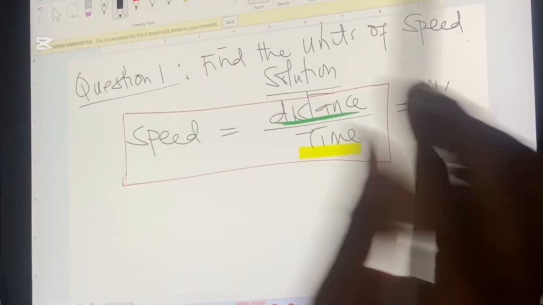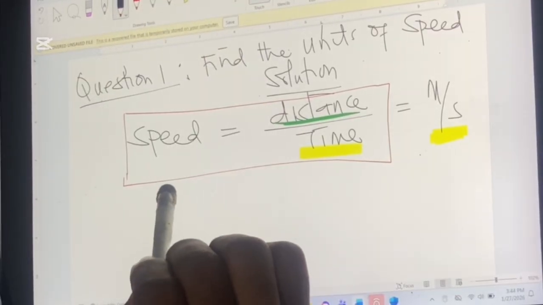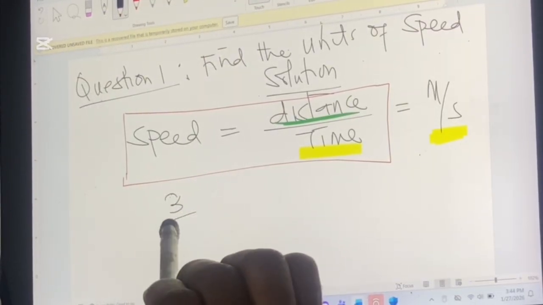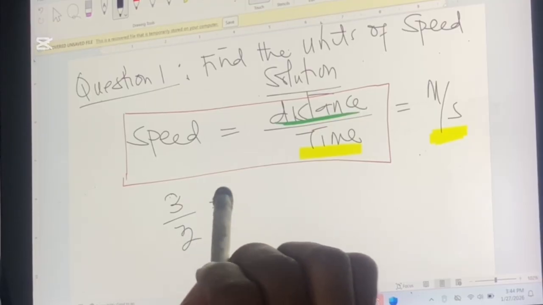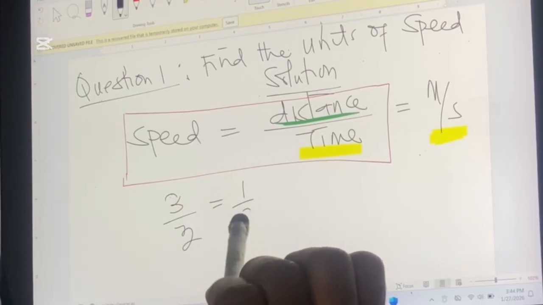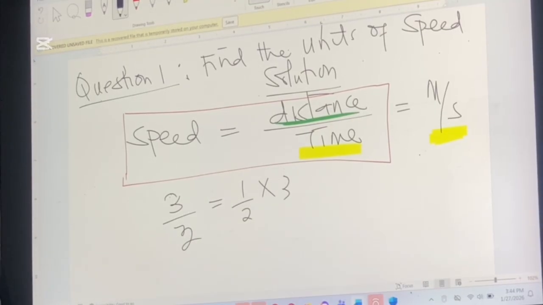If I have something like 3 over 2 in mathematics, it is the same thing as 1 over 2 times 3. Please take note. That is, this 3 multiplied by 1 over 2 will give us 3 over 2.